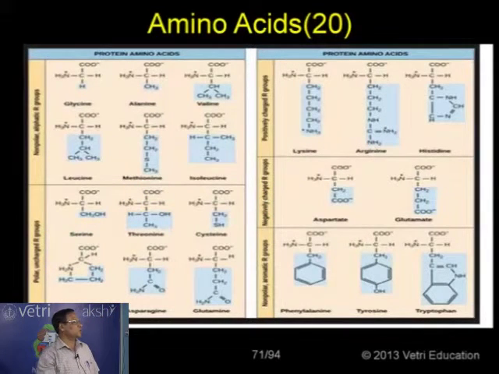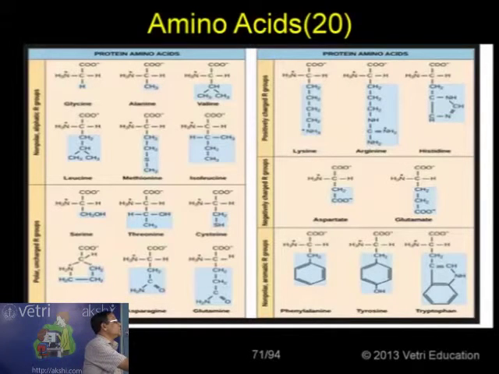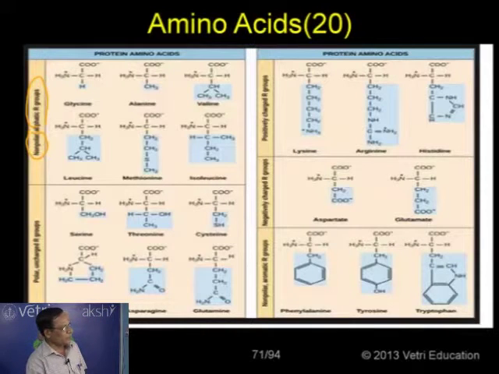You see the chart showing all the 20 different types of amino acids. Some of the amino acids have non-polar, aliphatic R groups. The examples are glycine, alanine, valine, leucine, methionine, and also isoleucine.